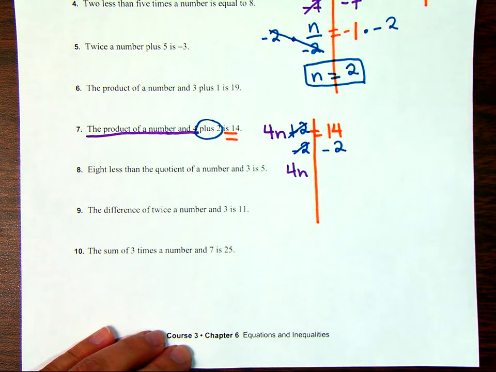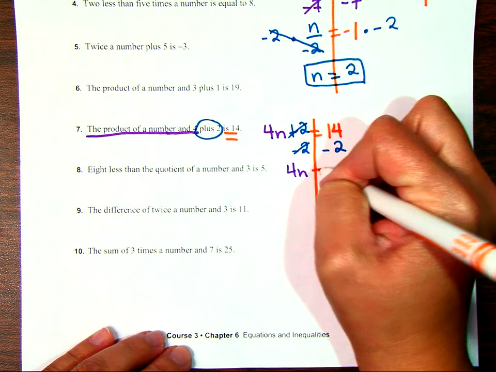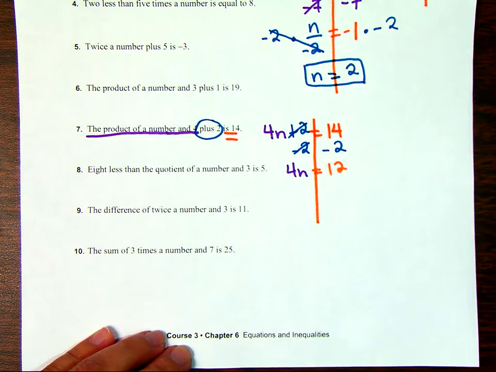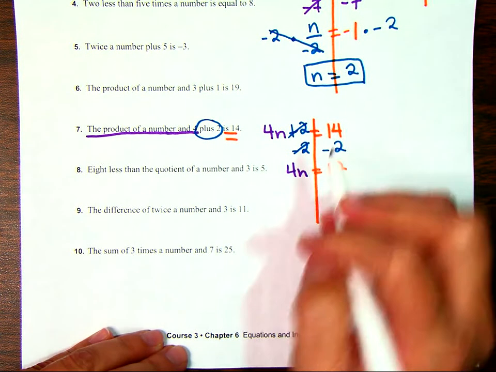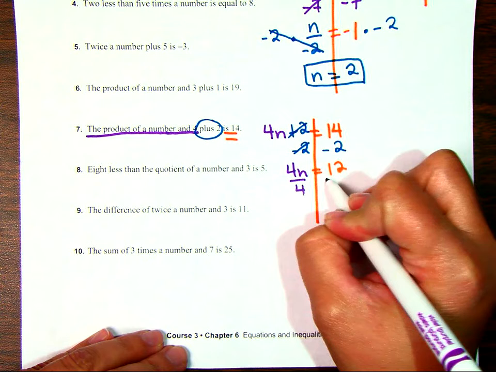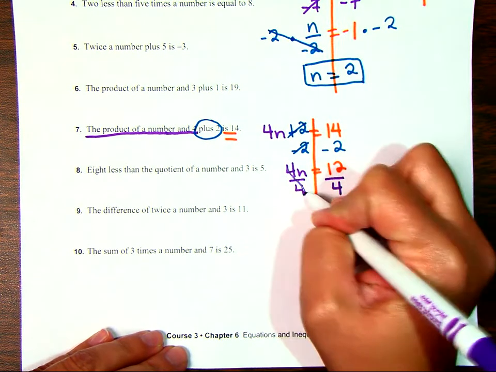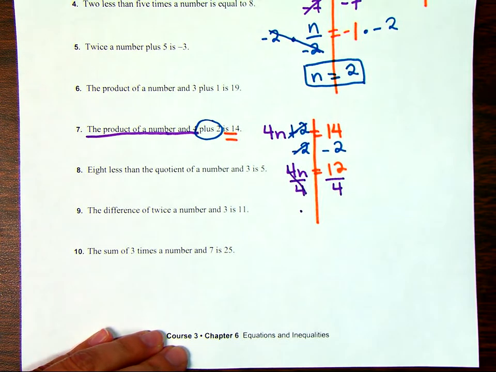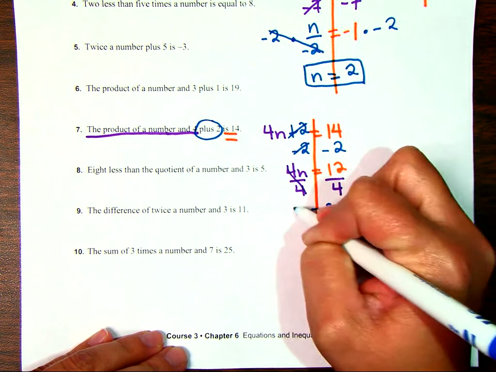And 14 minus 2, or 14 combined with 2 negatives, is going to be 12. And then 4 n's are sharing 12, so I want to see how much 1 n is worth. So I do the opposite of multiplying by 4, which is divide by 4. And I get 12 divided by 4 is exactly 3.